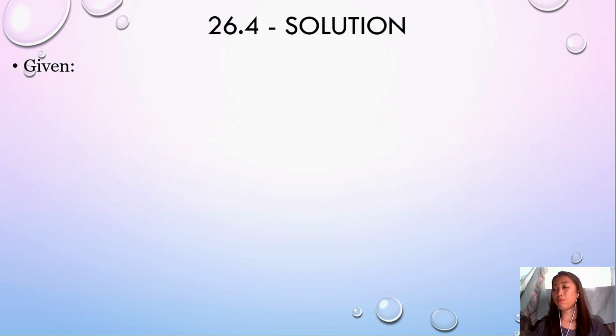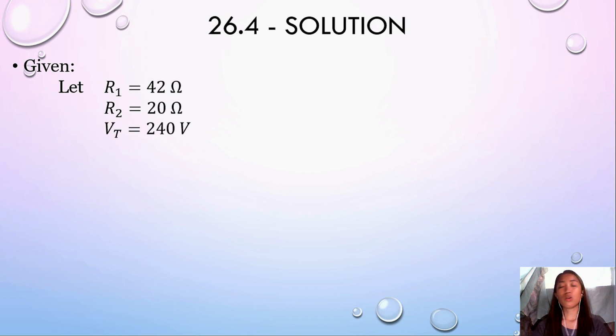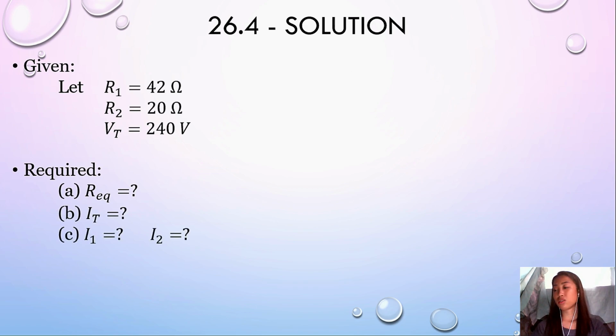So in this problem, we are given R1, which is 42 ohms, and R2, which is 20 ohms. They are in parallel, and the voltage across the combination is 240 volts. We are required to find the equivalent resistance, the total current, and the current on each resistor. So we want to find the equivalent resistance of R1 and R2.